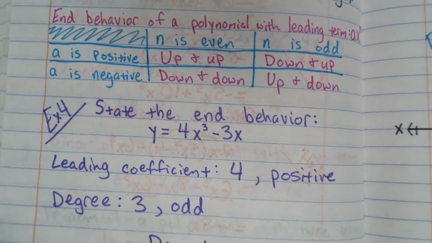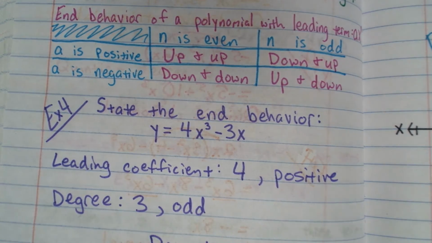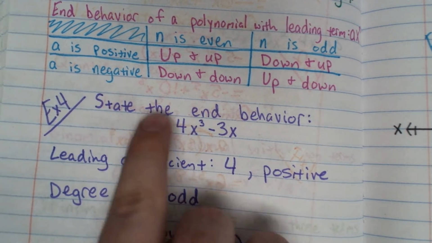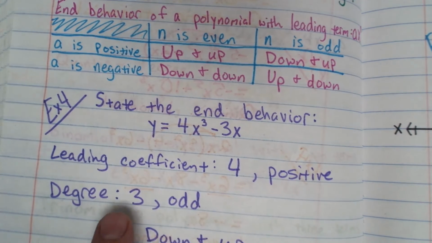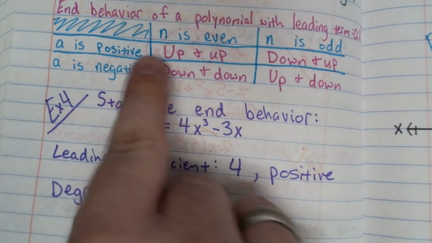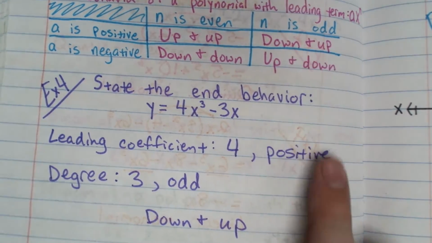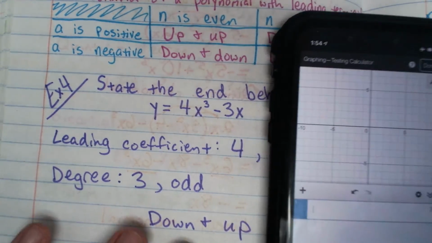And if you want, you can refer back to this table to double check. So we know a, our leading coefficient, is positive and our degree is odd. So positive and odd is down and up. And I'll graph it just to show that as well.